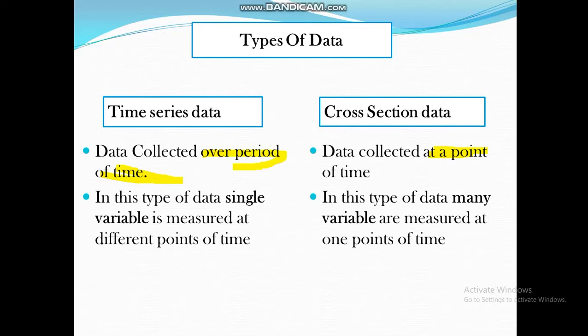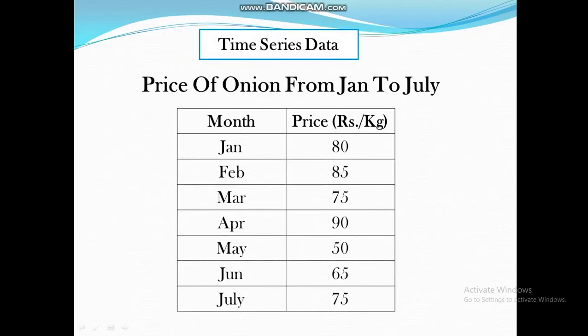In time series data we have a single variable, but we measure it at different points of time. In cross section data we have many variables, and we measure them at a single point of time. For example, this is time series data.